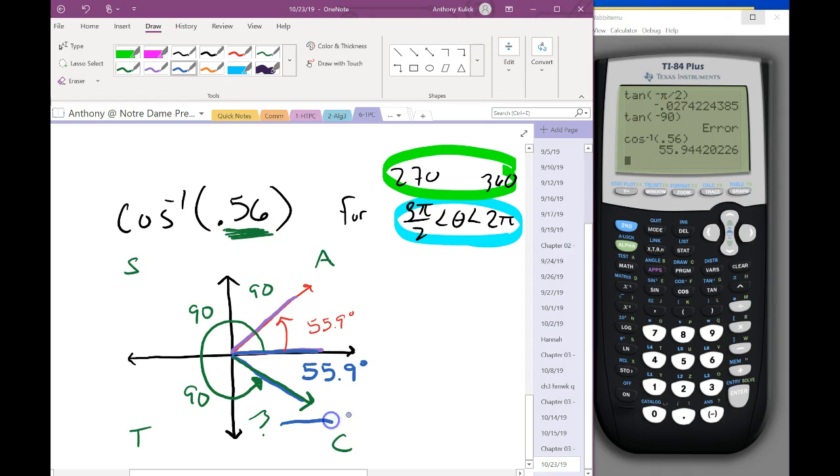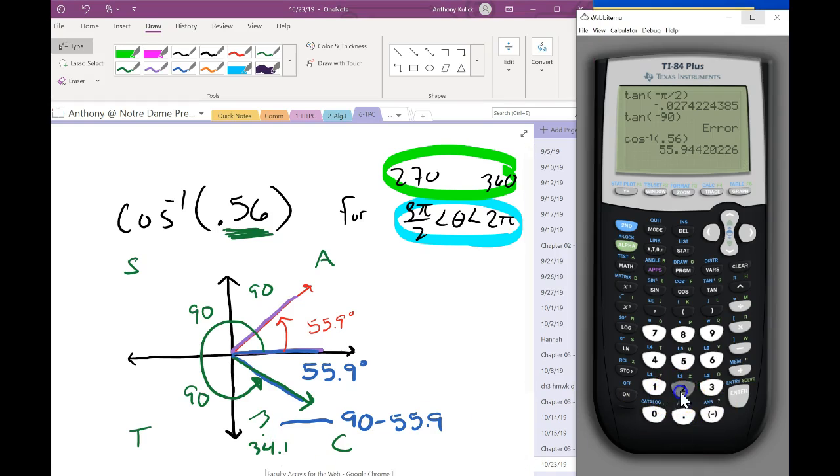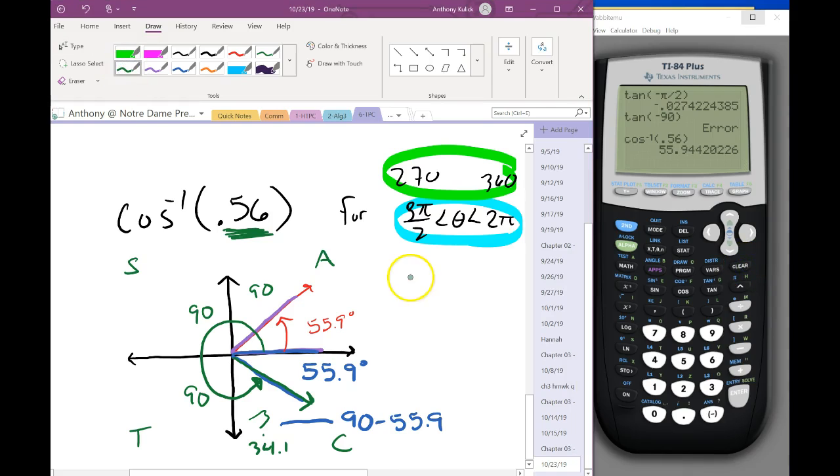So our question mark here is going to be the complement of 55.9, which would be, what, 33.1? Or 34.1? Can do arithmetic. So my answer then is going to be 90 plus 90 plus 90 plus 34.1. I don't know why I need to use a calculator to do that. So I should have 304.1.